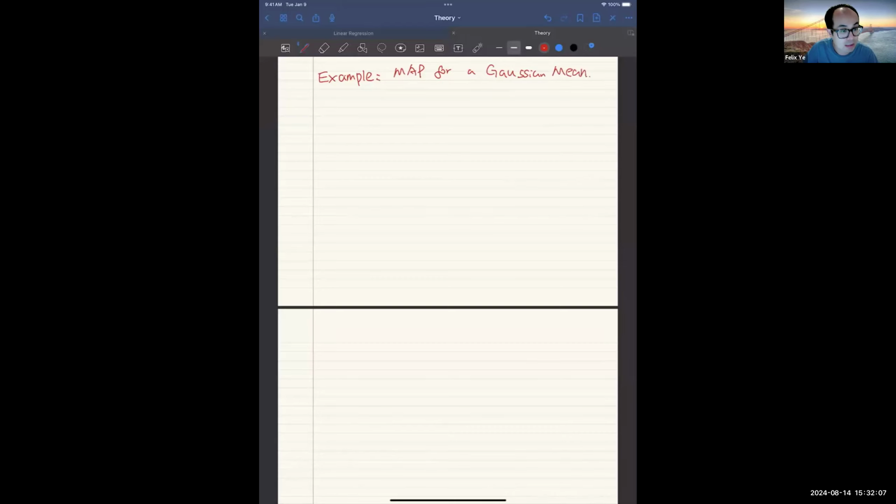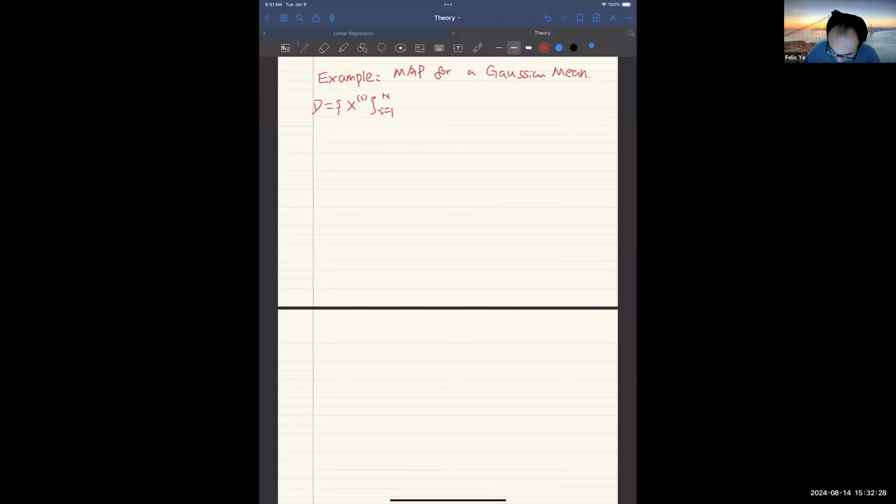So what that means is, suppose we are trying to estimate the mean of a Gaussian from a data set x_i, i from 1 to n. This is just a purely statistical estimator.